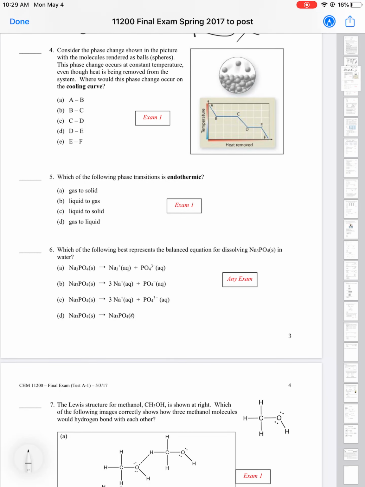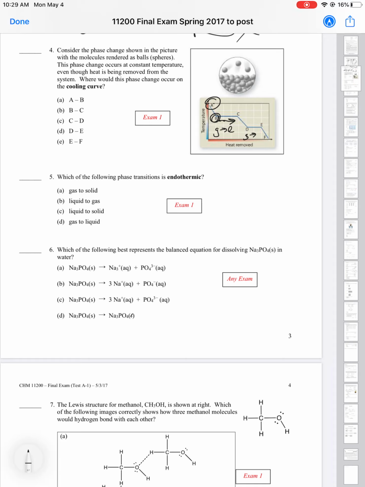Consider the phase change shown in the picture. The phase change occurs at constant temperature even though heat is being removed from the system. Where would this phase change occur on the cooling curve? Okay, so we have our gas here, and this is where it starts becoming that phase change from gas to liquid, and then it's all liquid, and it becomes solid.